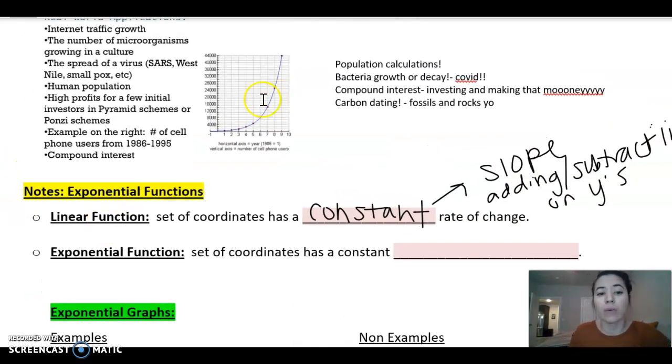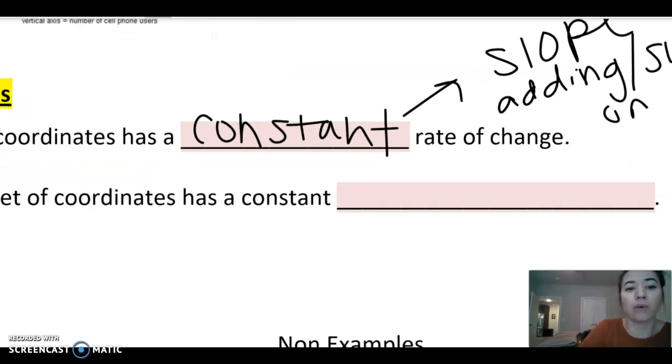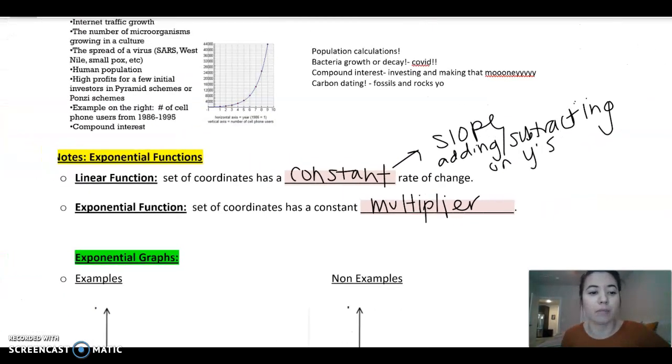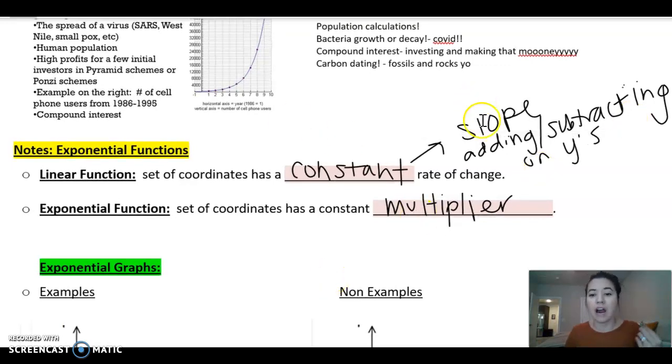Exponential functions, we can see here that we're growing a lot bigger. And what causes this super fast increase is what we call a constant multiplier. So instead of adding or subtracting something over and over again, what's happening to our y values is that we're multiplying by something over and over and over again.